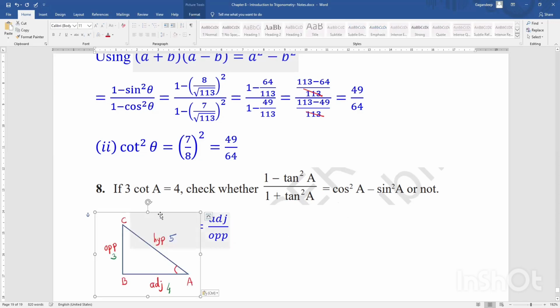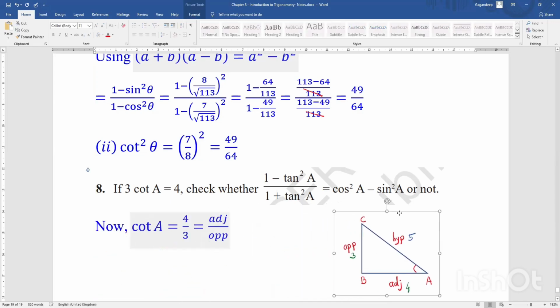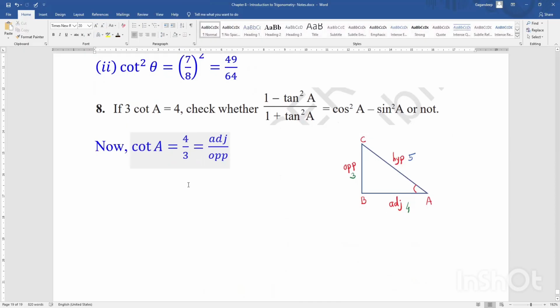So we have the triangle ABC in which I've taken angle A as a reference angle. So I put a marking like this. Okay, so angle A is a reference angle here. And then by definition, we have adjacent by opposite, so fill the adjacent with 4 and opposite with 3.